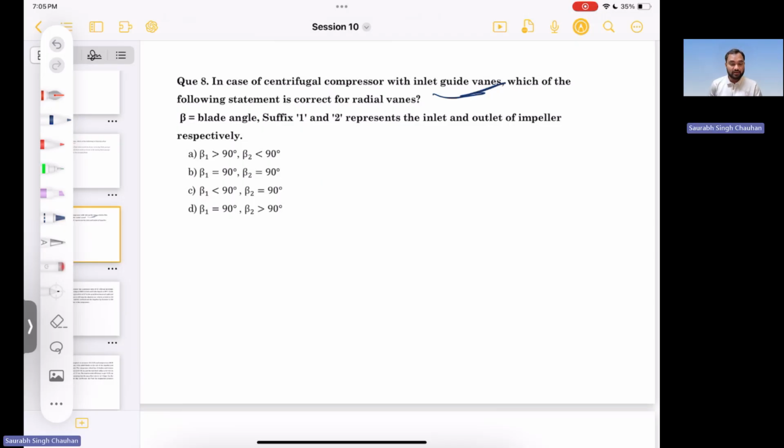We have already discussed 3 types of vanes, right? Radial, forward, and backward. For radial vanes, we have seen that beta 2 is equal to 90 degrees.